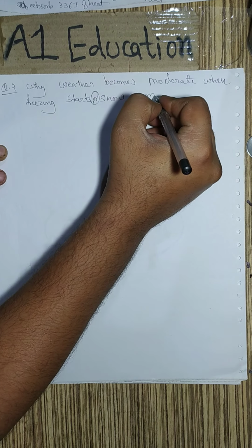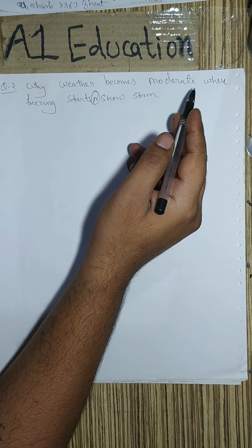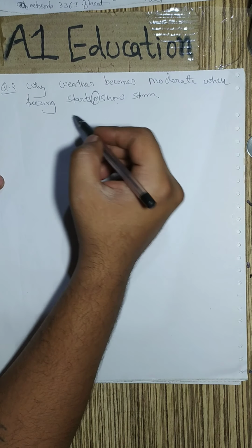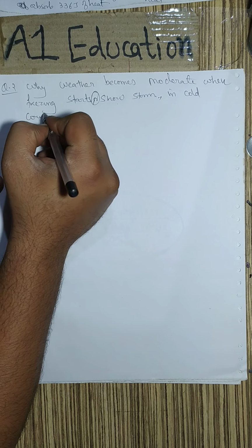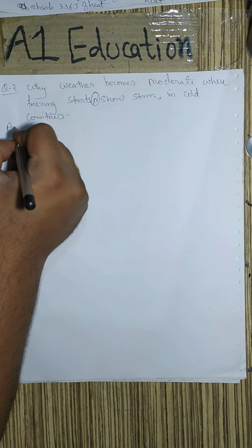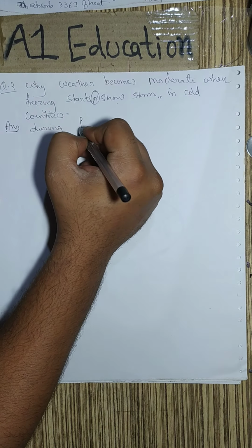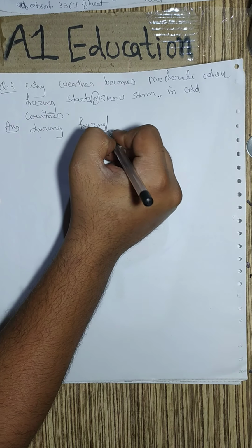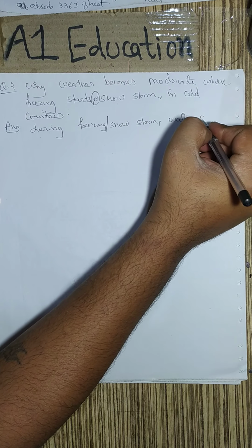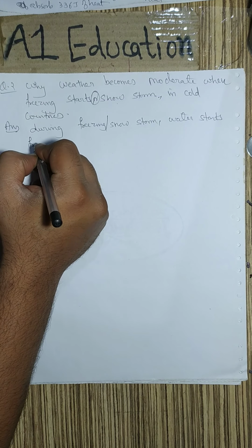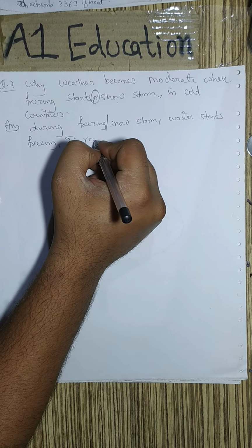It can be asked anyway why weather becomes moderate when snowstorm, or it can be also asked why weather becomes moderate when the freezing starts in cold countries. So simple answer for this is, during freezing or snowstorm water starts freezing.